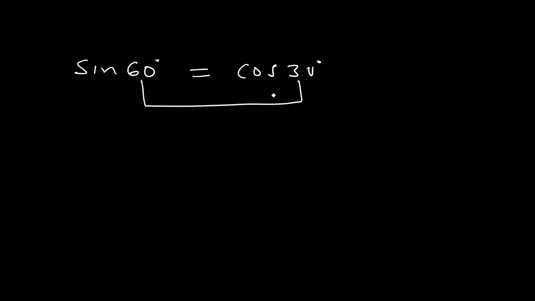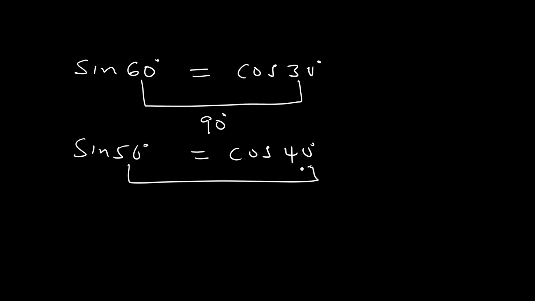In case you are talking about sine 60 degrees, it is the same as cos 30 degrees. So 60 plus 30 is 90 degrees. Okay, that's that. So we can talk about so many examples. Sine 50 degrees is the same as cos 40 degrees. So 40 plus 50 is 90 degrees.